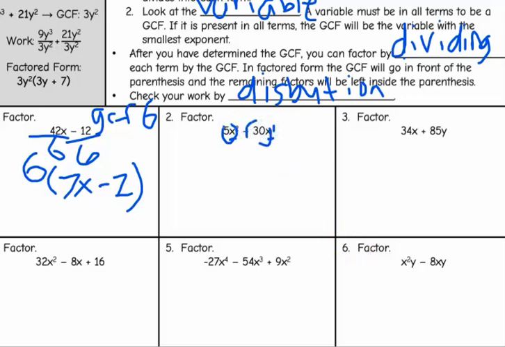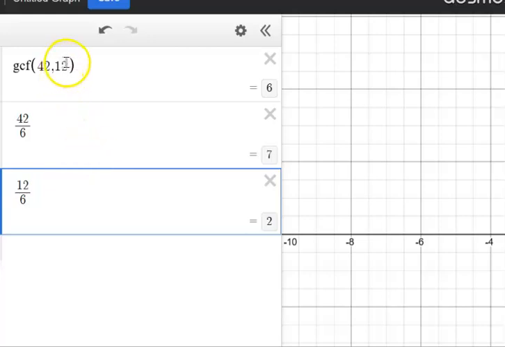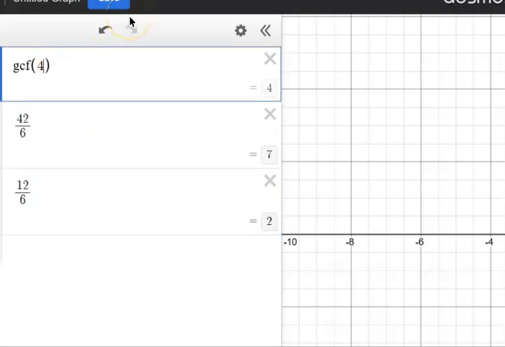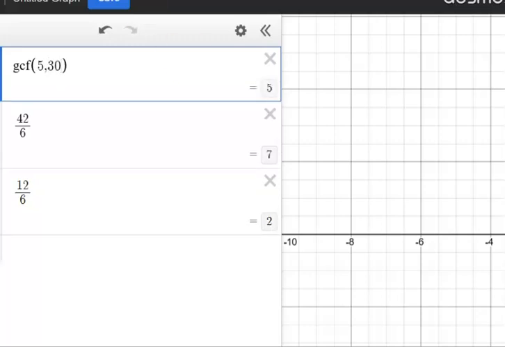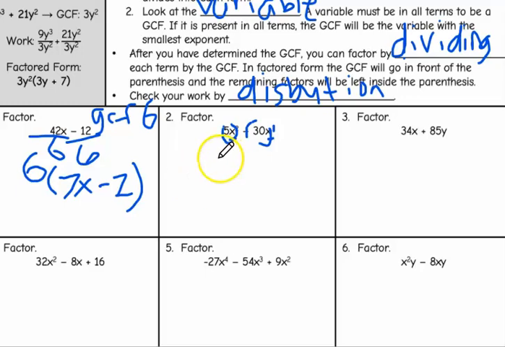So go in DESMOS, 5, comma 30, and it's 5. Usually it's the smallest number when you pull out the variable. All right, so we're taking out the 5 here. Okay, and we can take out that 1x.